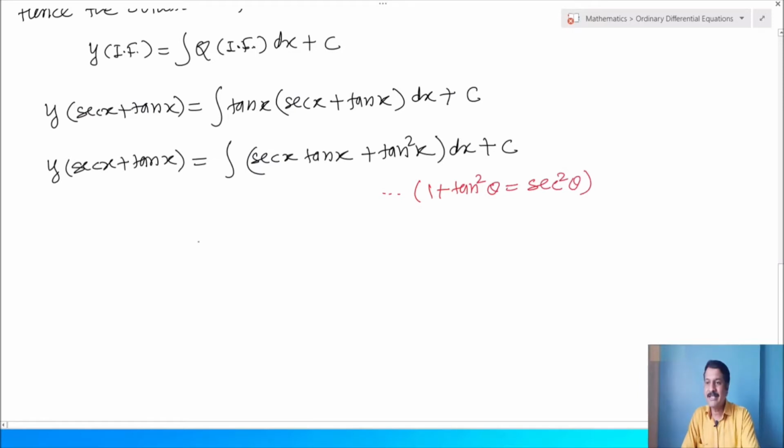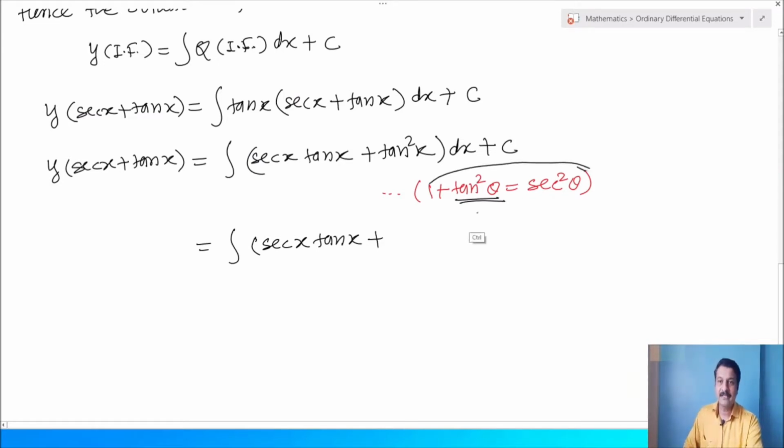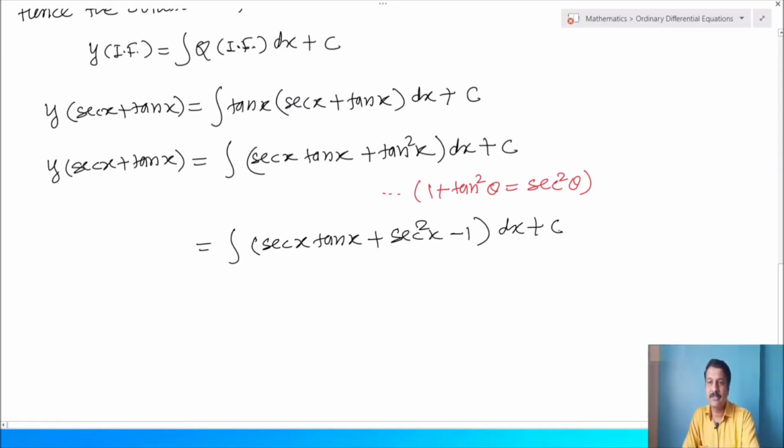So by using this, the first term sec x tan x stays as it is, but tan square x I can write as sec square x minus 1. And that is why I am getting sec square x minus 1 into dx plus c, and the left hand side as it is.